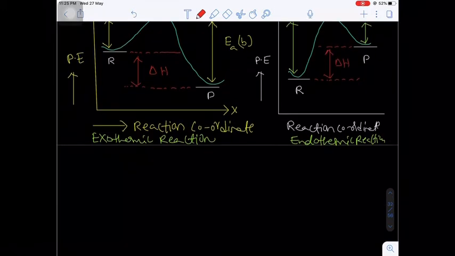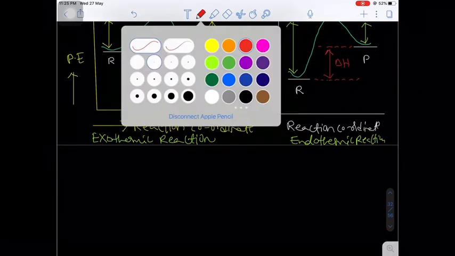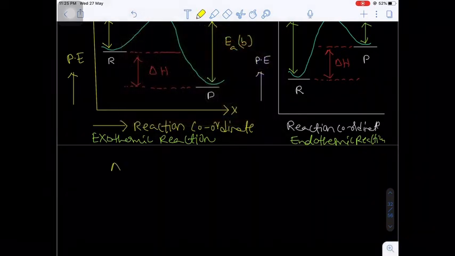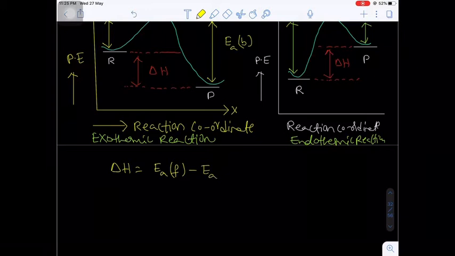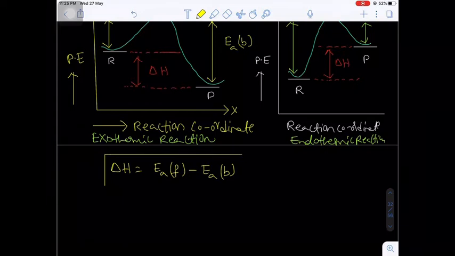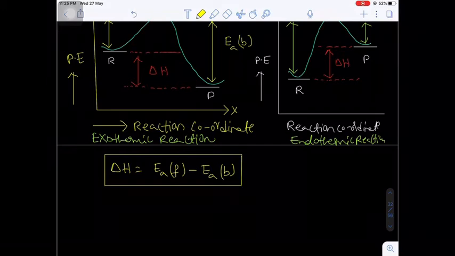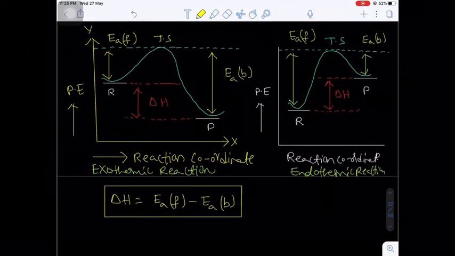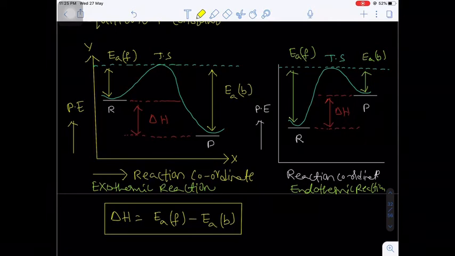Enthalpy of the reaction, delta H. Now here, the delta H value, what I am writing here: activation energy of the forward reaction minus activation energy of the backward reaction. This is the direct formula.